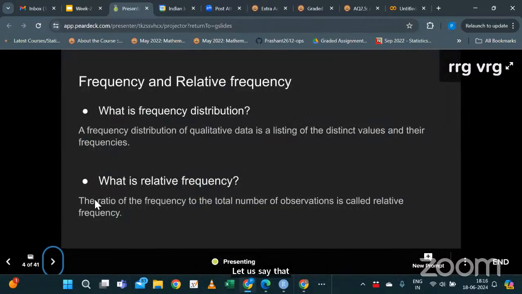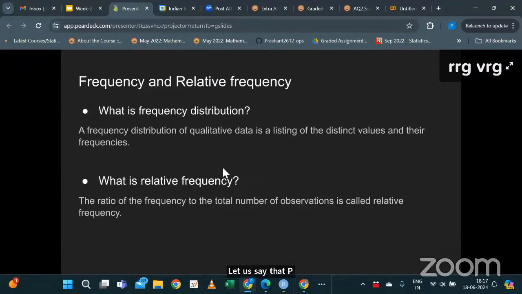The very first thing is a basic definition of frequency and relative frequency, which we have discussed already in our open session, activity and practice session also. So what is a frequency distribution?